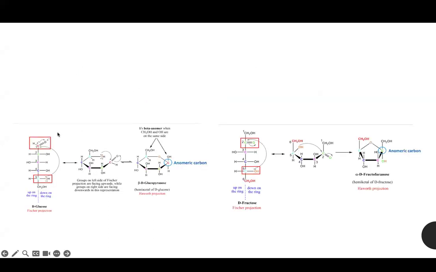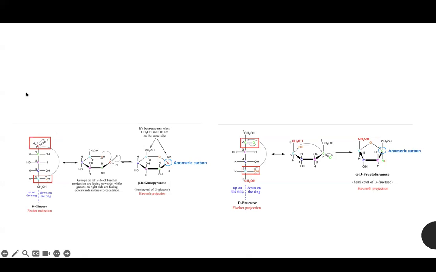I already mentioned that we have aldoses and ketoses, and depending on which one we have, the cyclization will look slightly different. The carbonyl group will sit at different positions, and therefore how we form that ring will be slightly different.